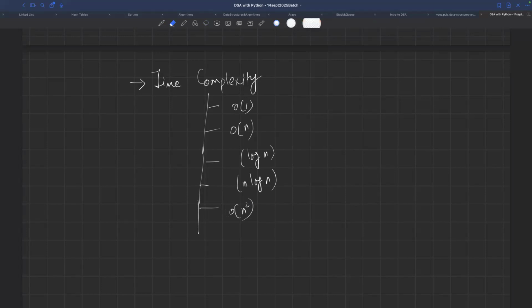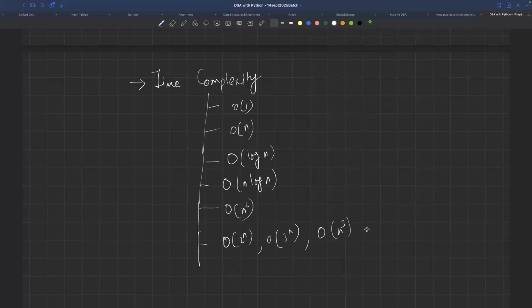This is big O. Okay, and then we have exponential, like O of 2 to the power of n, or O of 3 to the power of n, or O of n cube, or we can have O of n factorial.